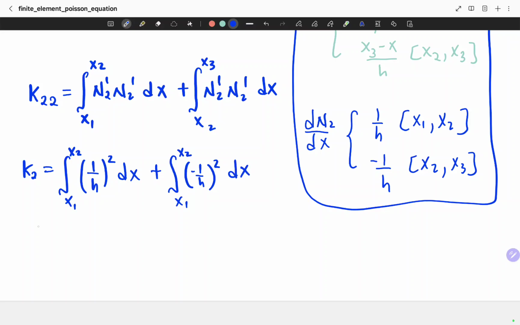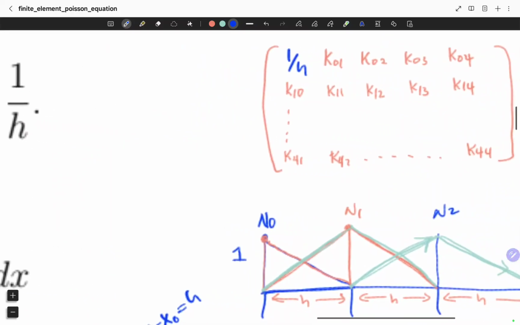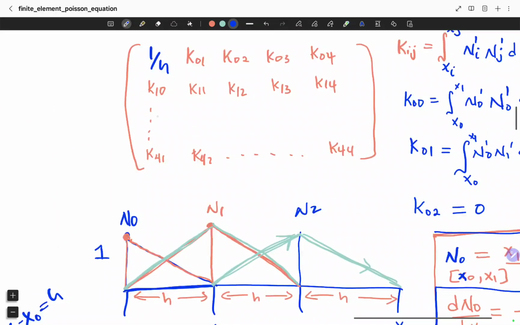When you integrate this gives you, because we already did that, this is 1 over h, this is 1 over h, so you're going to have 2 over h. So k22 here, let's say k20, k21, k22, this element here is 2 over h.